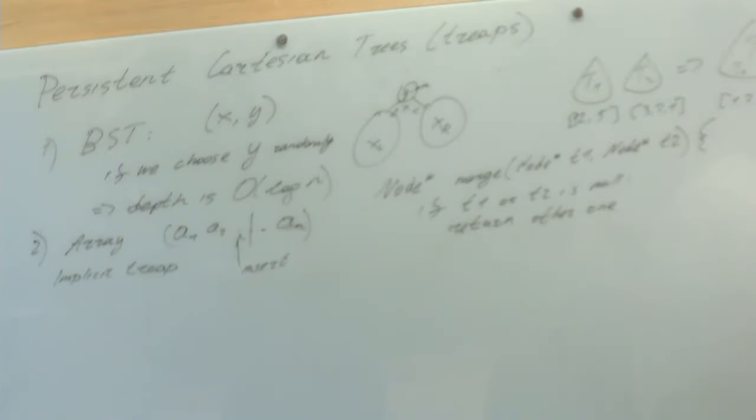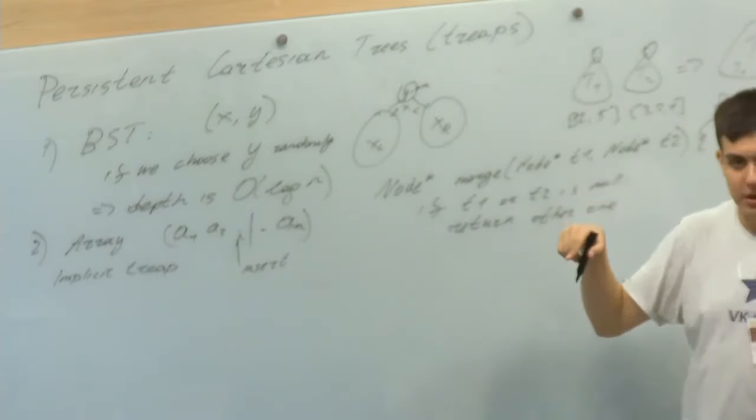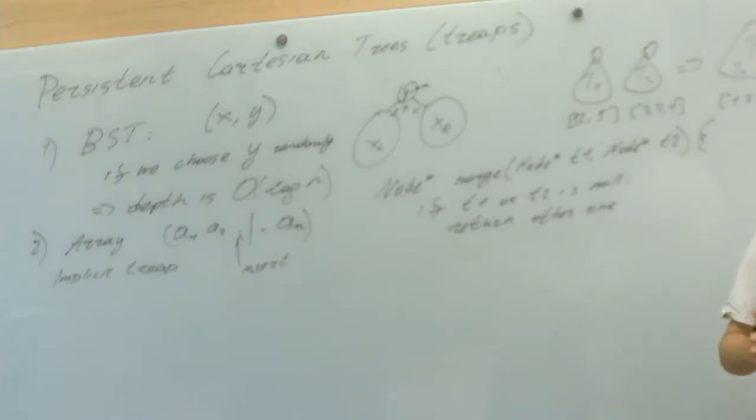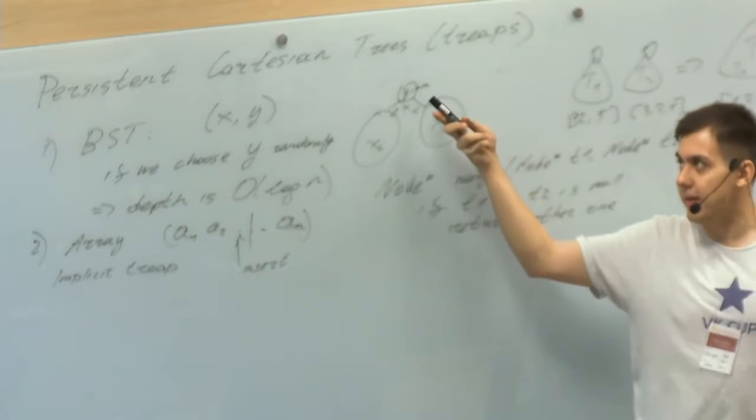So then, how does merge work? Well, we have to look at what's in the root here and what's in the root here, and we'll take the one with the minimum priority. Whichever one of them has less priority is usually the root.